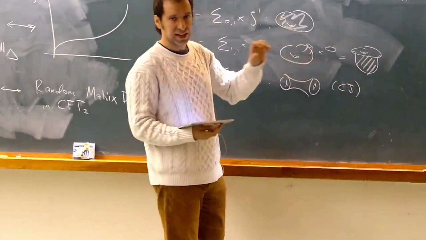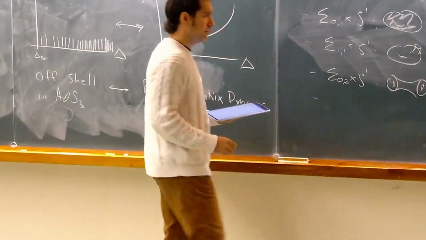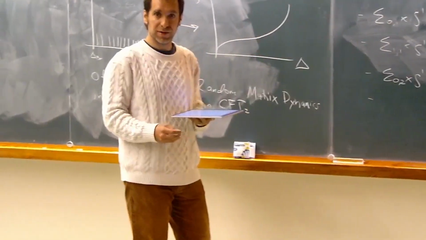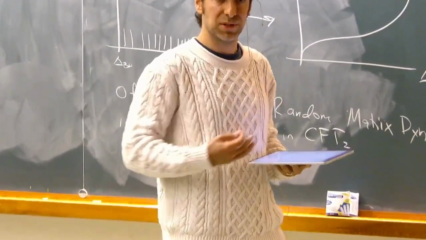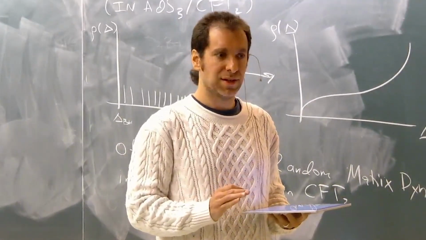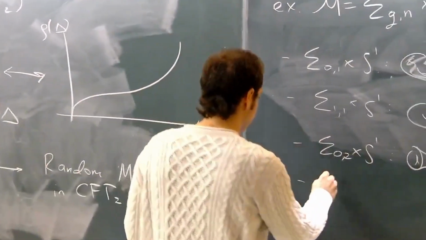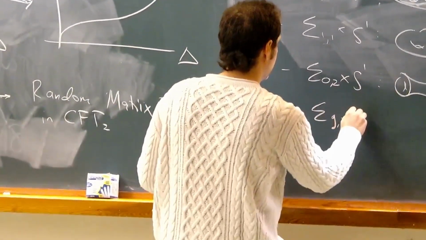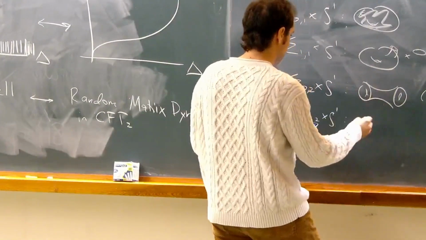It includes exactly the ramp. But there are going to be corrections to this, where by corrections, I mean that there should be some e to the minus 1 over G Newton suppression of these amplitudes. We don't understand the systematics of that. But at the very least, there are topologies that exist that will give corrections, as you can see.